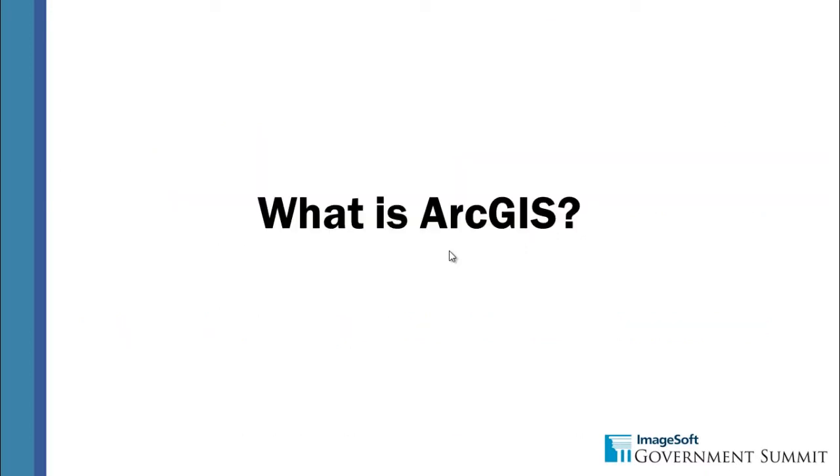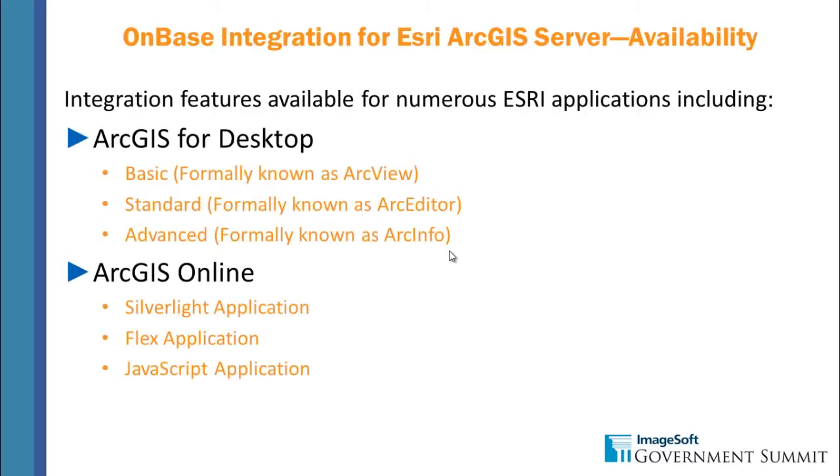So, what is this ArcGIS that I keep talking about? There's three pieces to ArcGIS, and this ties in real well to what we do at Highland too. They have ArcGIS for Desktop. That's the standard legacy product that they've had for years. It has three pieces, and you can probably relate that to Highland as well. Basic is ArcView.